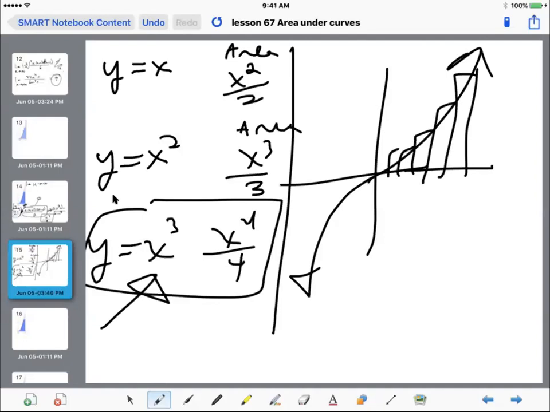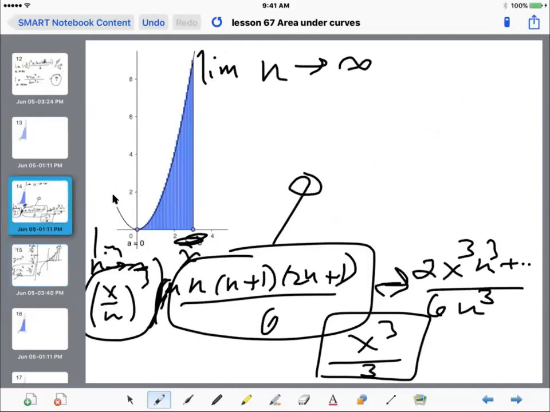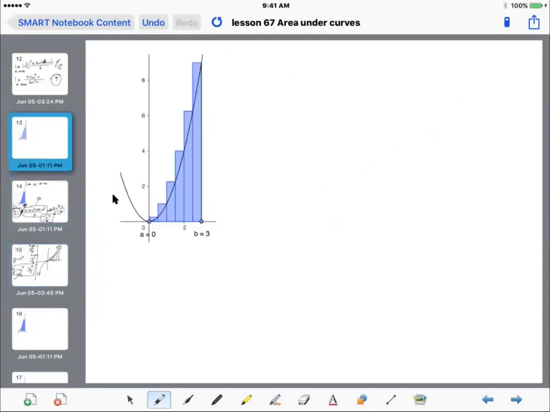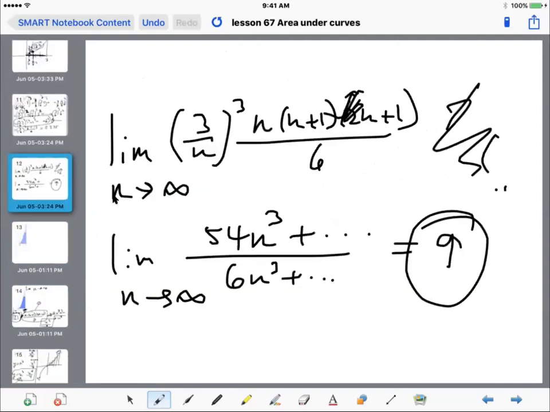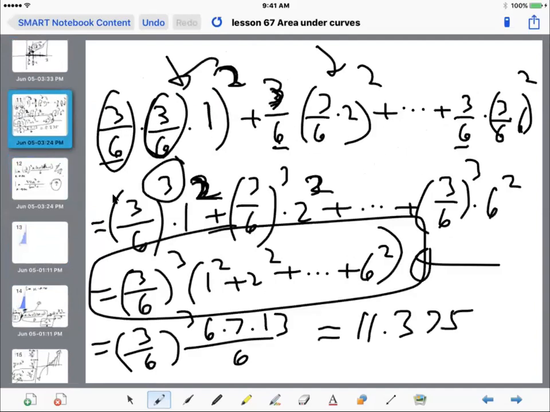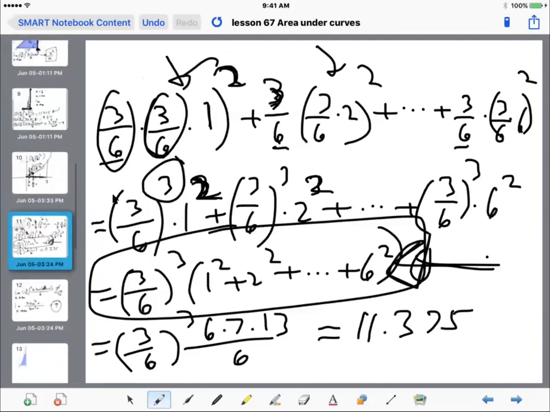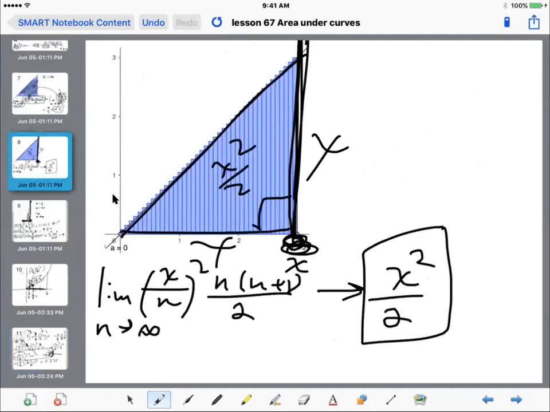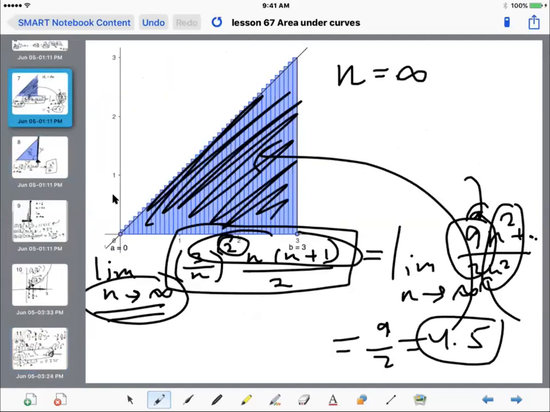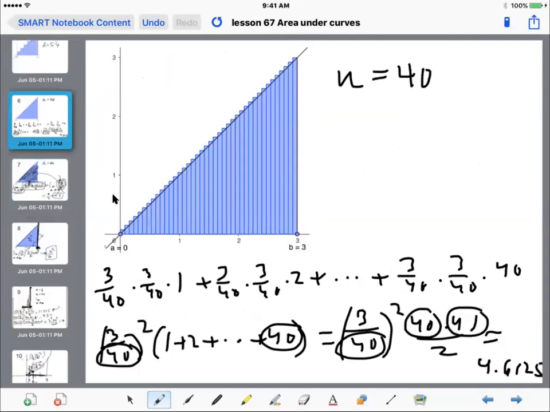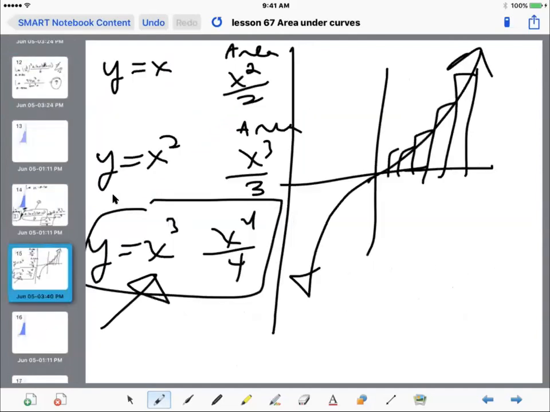Considering that the one with x squared required at some point the sum of squares, and the original example, the triangle one, involved just the sum of integers, yes, in order to do this one we would need the sum of cubes formula.